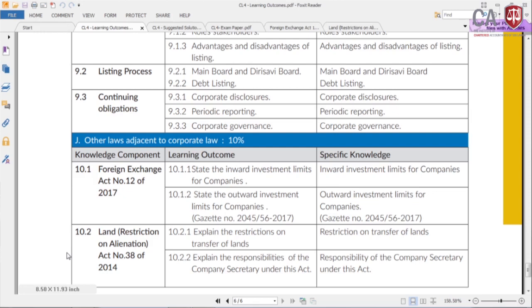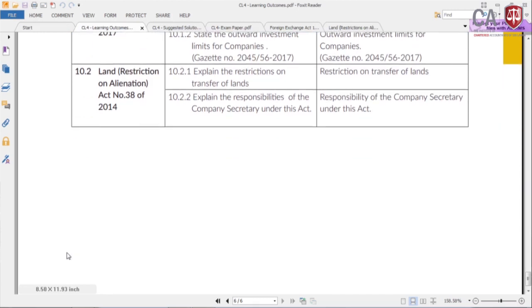Then again, on the Land Restriction on Alienation Act, explain the restrictions on transfer of land, especially when it comes to transfers to foreigners. Then explain the responsibilities of the company secretary under this act with regard to share transfers and so forth for foreigners.